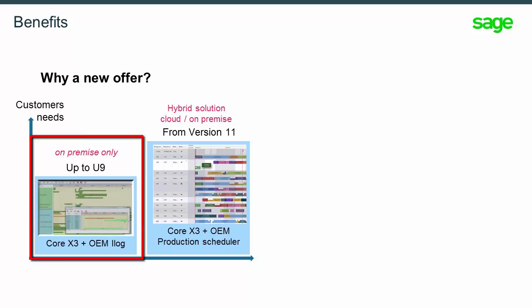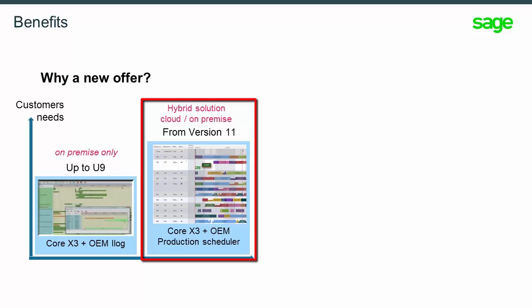Until Sage X3 U9, we used the iLog Gantt solution to manage a detailed scheduling of production. This solution was not compatible with the iCloud. For version 11, we developed a partnership with a new OEM solution, Planner One, by Ortums.